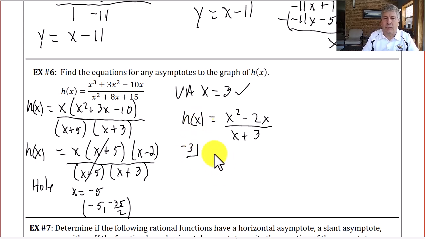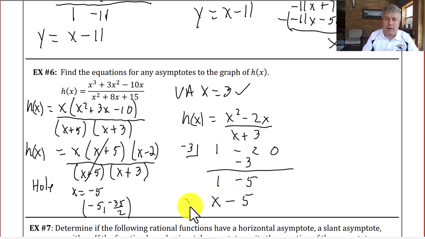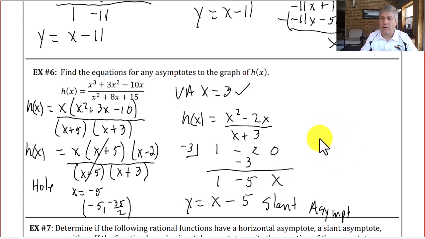Our divisor is 3. Our coefficients are 1 and -2 and 0. Prime my pump. 1, 3 times 1 is 3. I get 1. So my equation is y equals x plus 1, and that's the equation of our slant asymptote. It's the equation of a line, so we don't care about the remainder. And if I did long division, I would get the exact same thing.